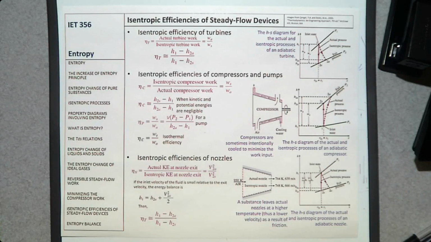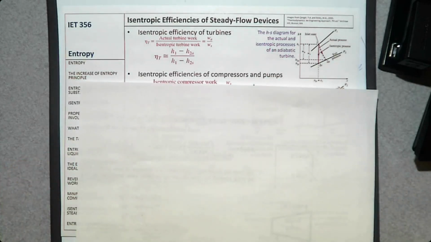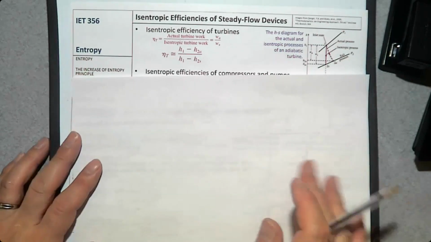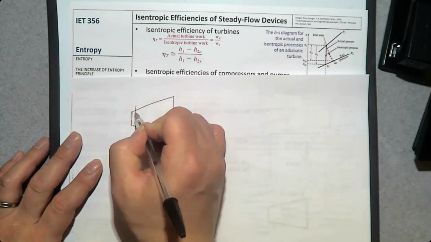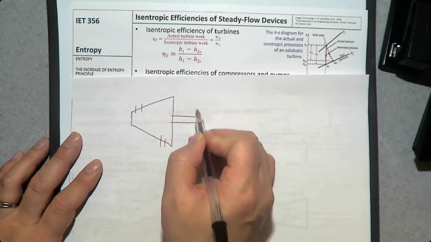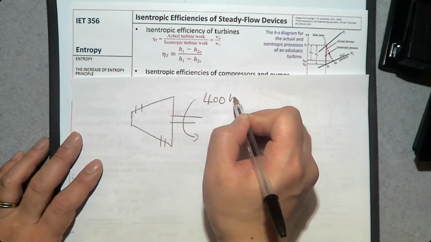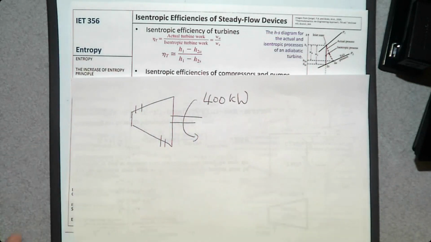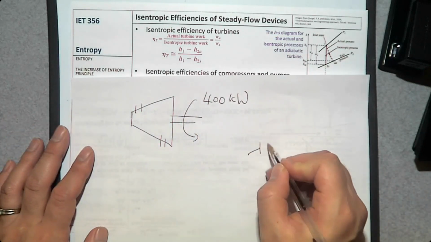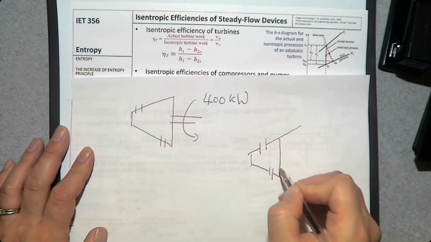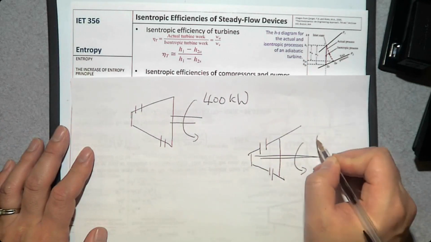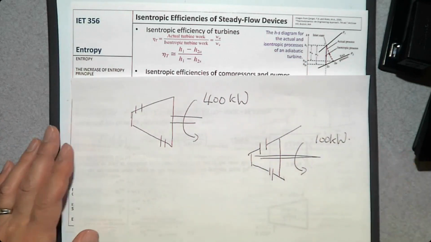Then why do we need this information? Let's assume you are working for a company that produces turbines. One guy proposes that the turbine he just designed is good, and it produces 400 kilowatts. Another guy says he made a smaller turbine that produces only 100 kilowatts, but he thinks it's efficient.